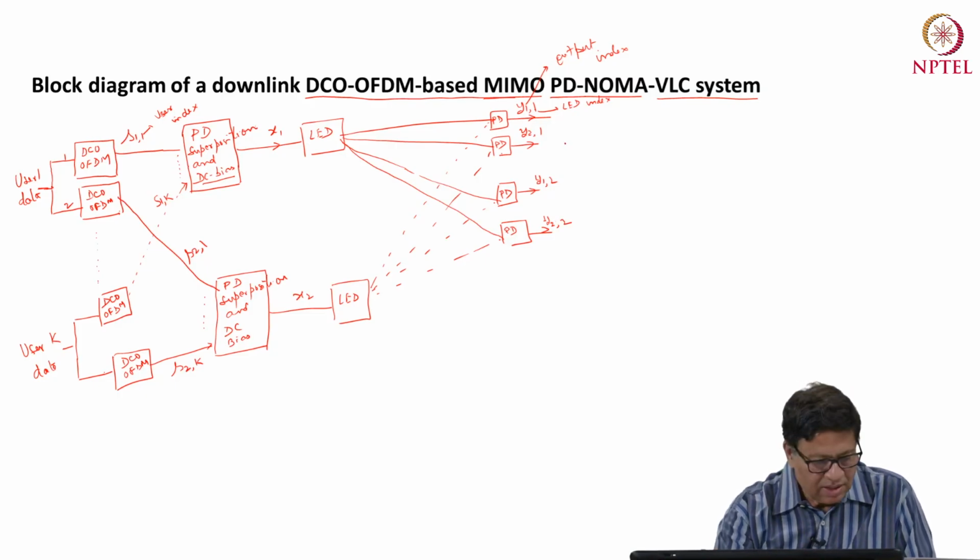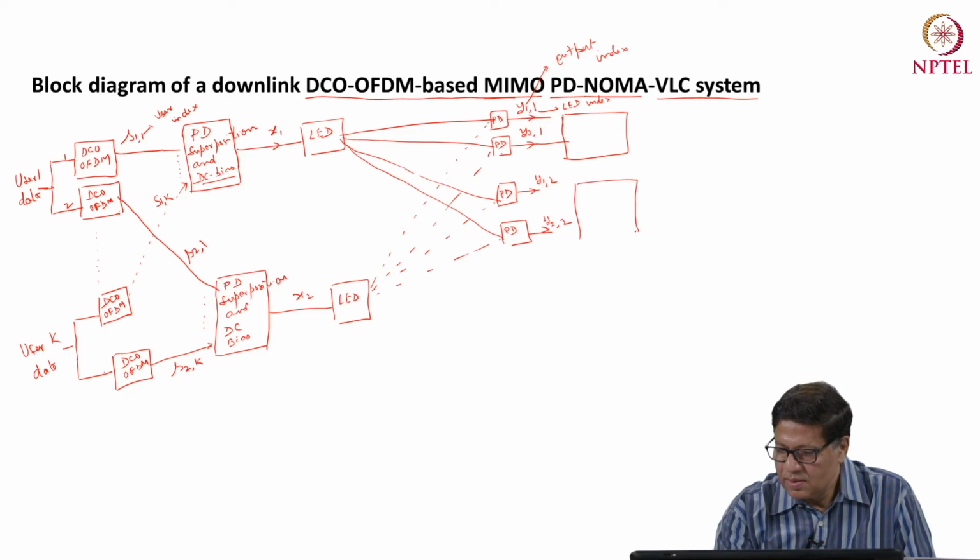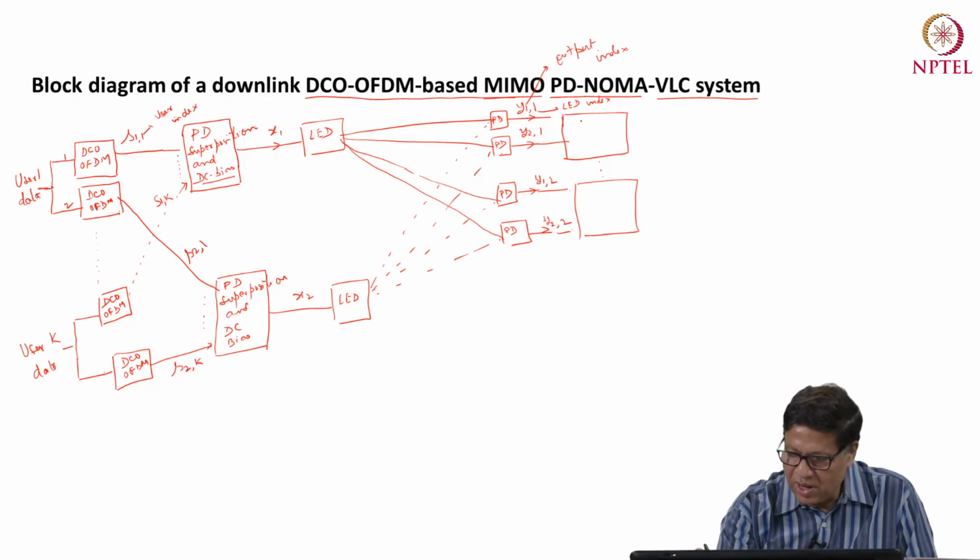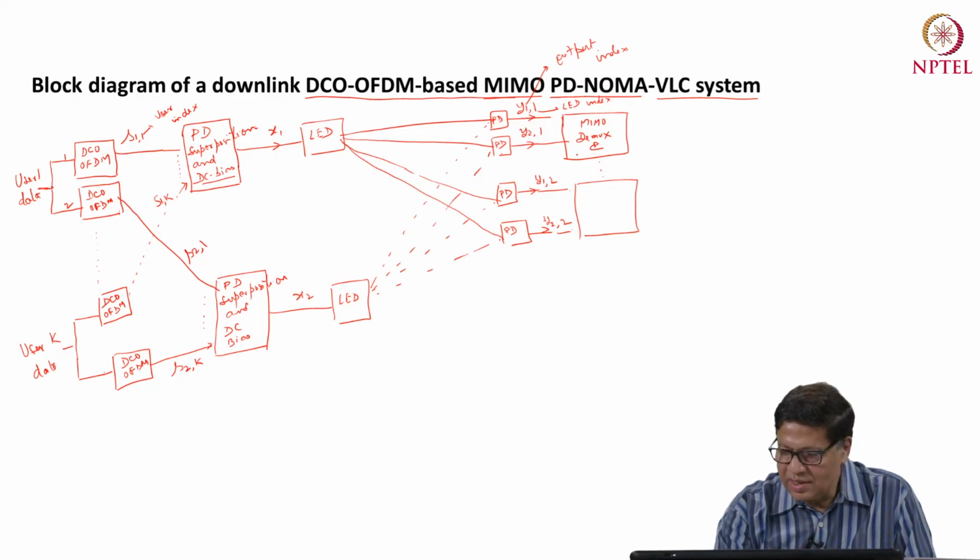And then this signal is given, and there are many blocks in between. So this is given to MIMO DMUX, and you do the SIC operation here.